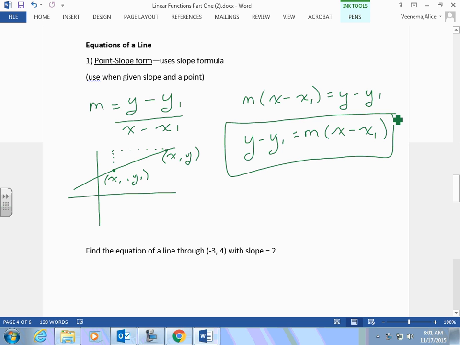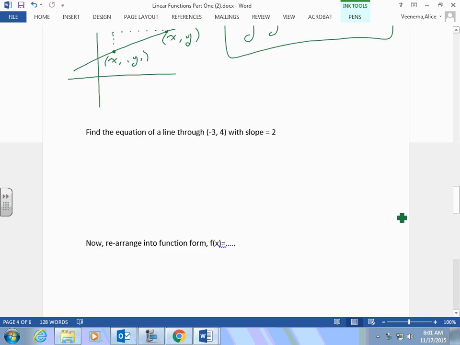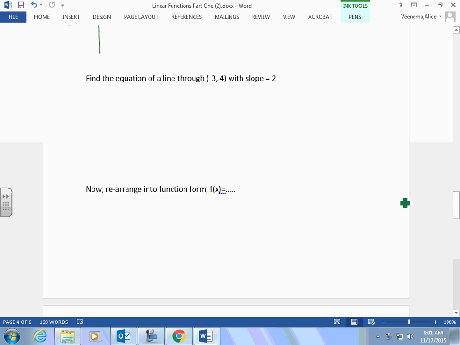So let's do an example of this to make it really clear how to do this. Find the equation of a line through negative 3, 4 with the slope equal to 2. So y minus y1 equals m times x minus x1. There's our formula. The y and the x stay where they are.